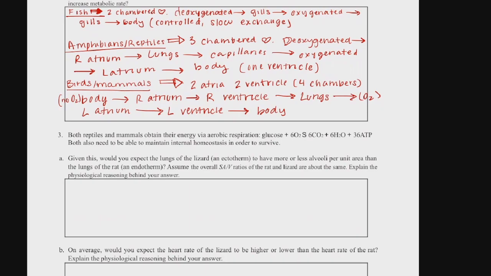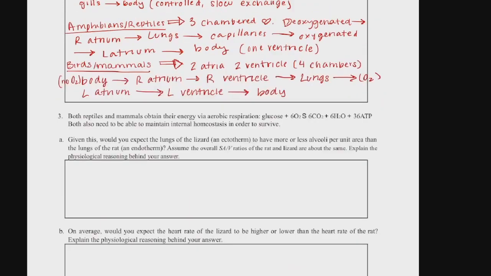In this case, the ectotherm, so the lizard, would have fewer alveoli, and that's because the lizard requires less energy per unit time than the rat.